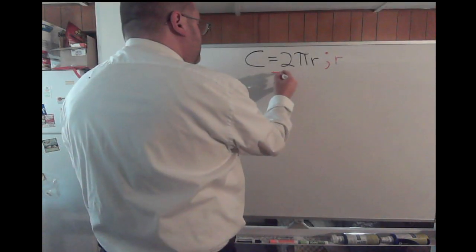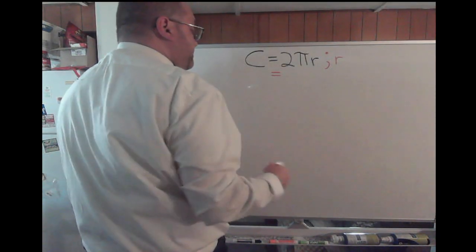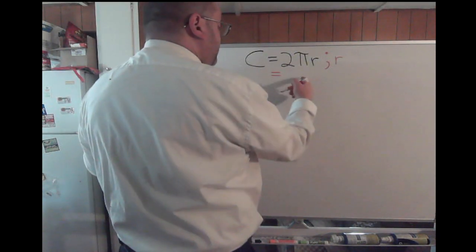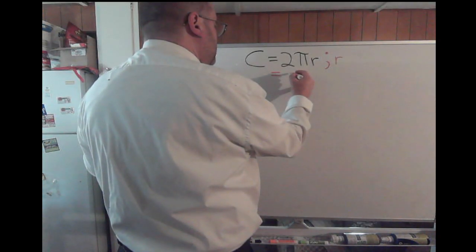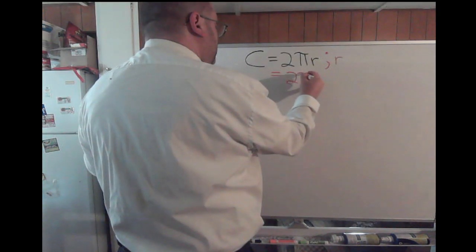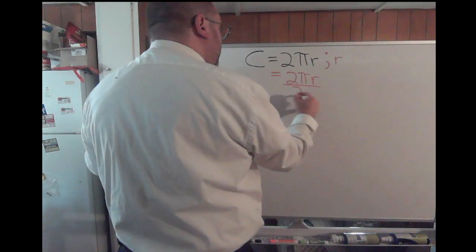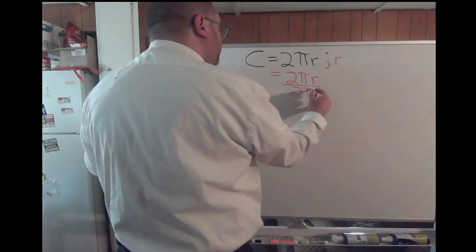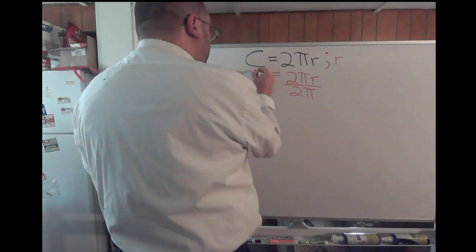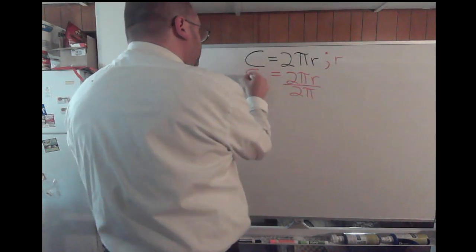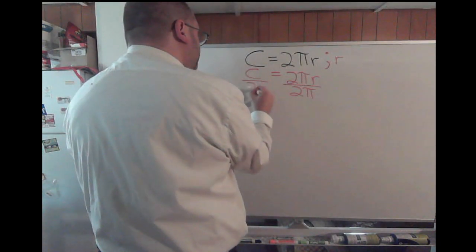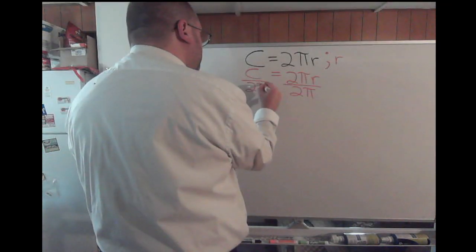What we want to do is isolate r by itself on the right hand side. We have 2 pi r, so we need to take that 2 pi r and divide by 2 pi. And then what you do to the right, you got to do to the left, so you got to take that circumference and divide it by 2 pi.